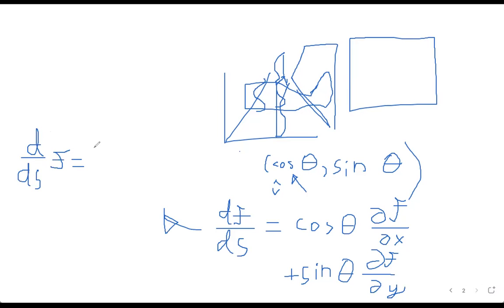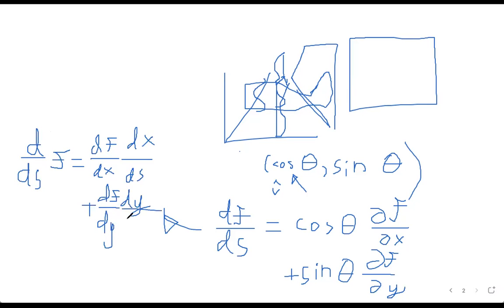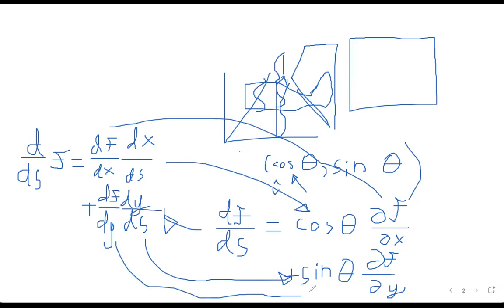Because you can write this as df dx times dx ds plus df dy times dy ds. And dy ds is that sine component, and dx ds is the cosine component. And so that's how you do the chain rule. And that's important to note.